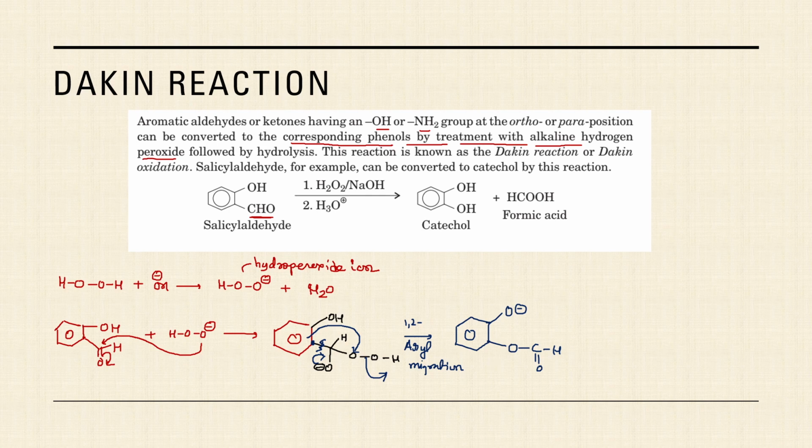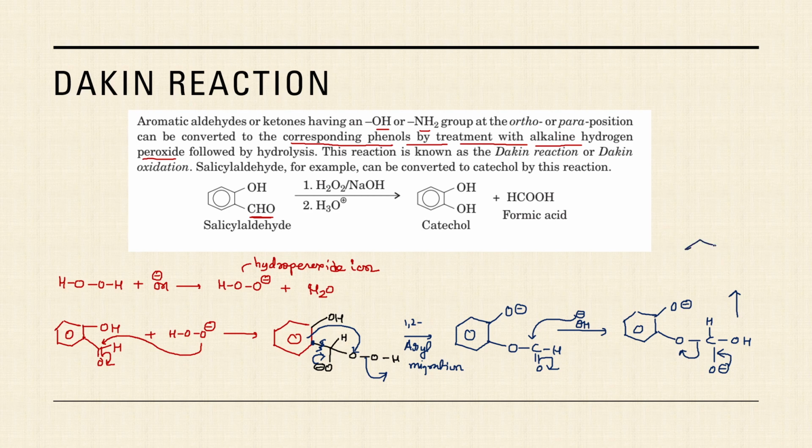There's 1,2 aryl migration. After this, OH minus attacks here. A tetrahedral intermediate is formed. And this comes over here, this backs out.